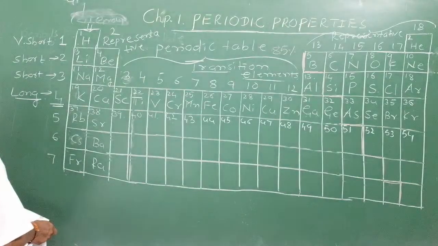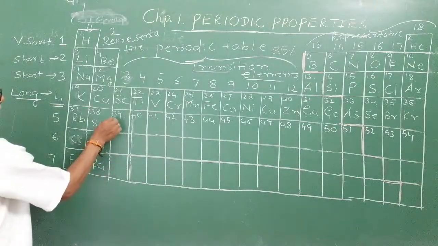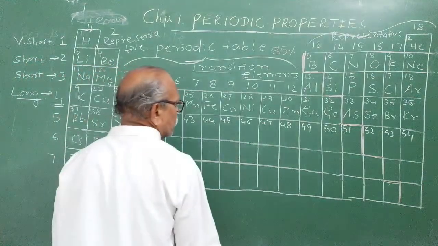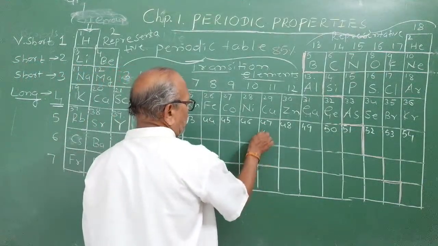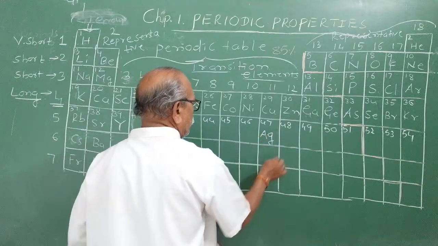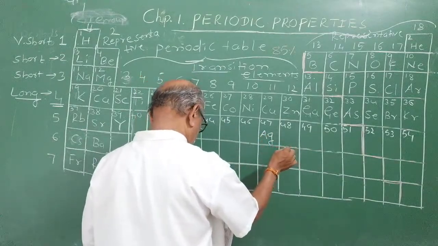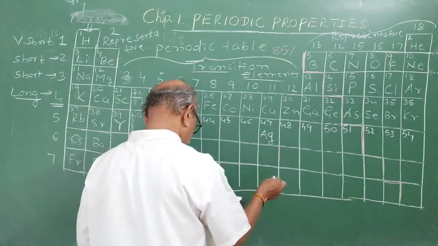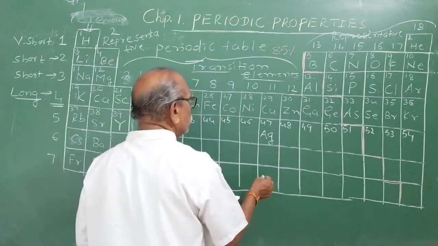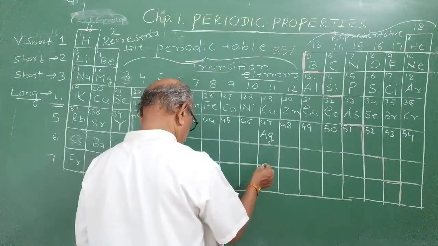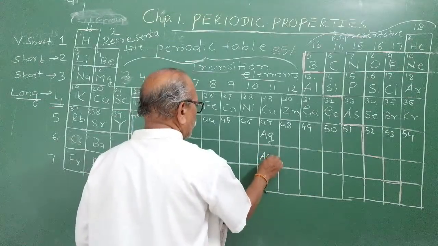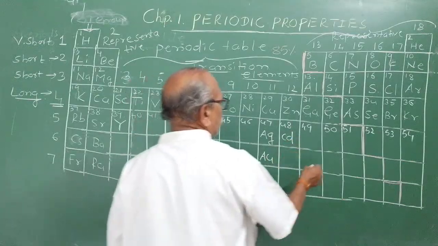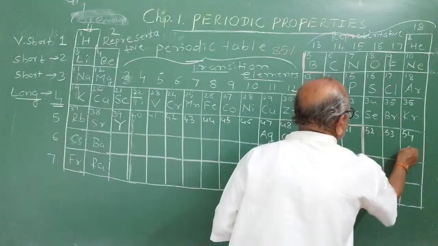The element with atomic number 39 is yttrium. Below copper there is silver, below zinc there is cadmium, and the last one is xenon.